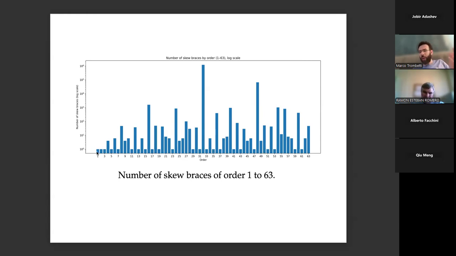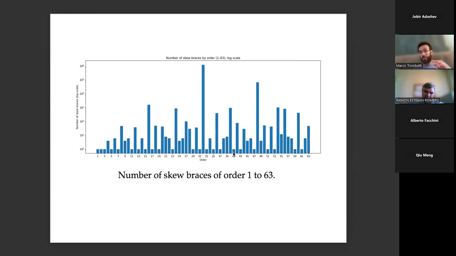This is a logarithmic graph, so you could have some problem reading it, but still there are such places. For example, 1. Of course, how many skew braces of cardinality 1 are there? Just 1. And then 2, and then 3, and then 5, 7, 11, 13. And you can notice a pattern here.